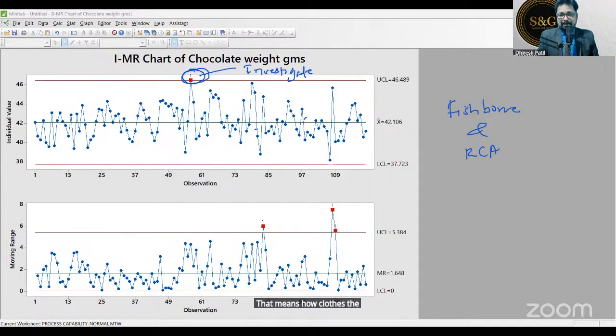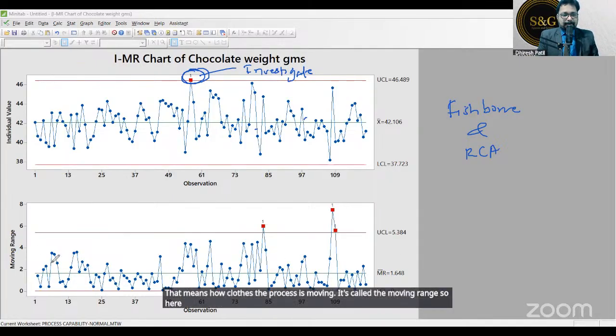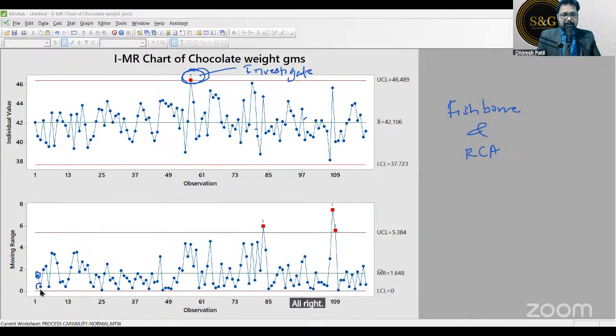So here you can see the first data point is just below 2 grams. The second data point is lower, so the distance between two consecutive points has reduced.